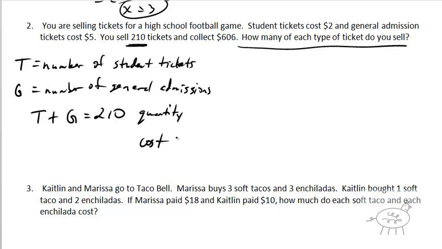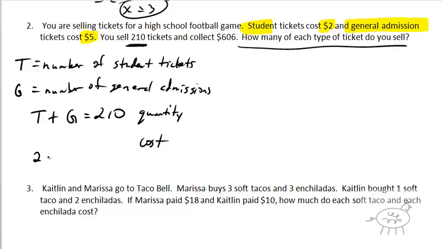We have another cost. So usually these kind of problems, you have a cost and a quantity. Well, the cost is, here's the deal. It's a little tricky, but once you get it, you're okay. It's $2 for a student ticket and $5 for a general admission ticket. So think of it this way.